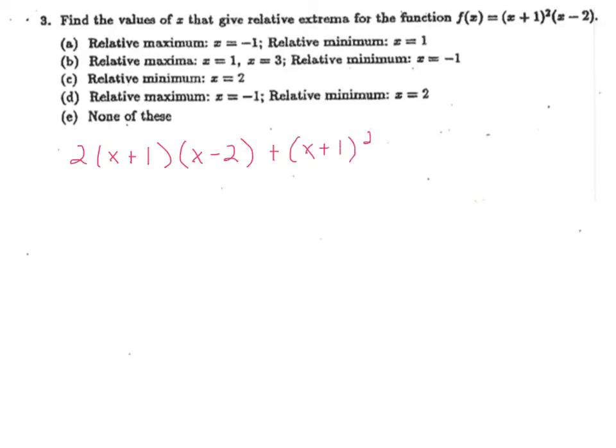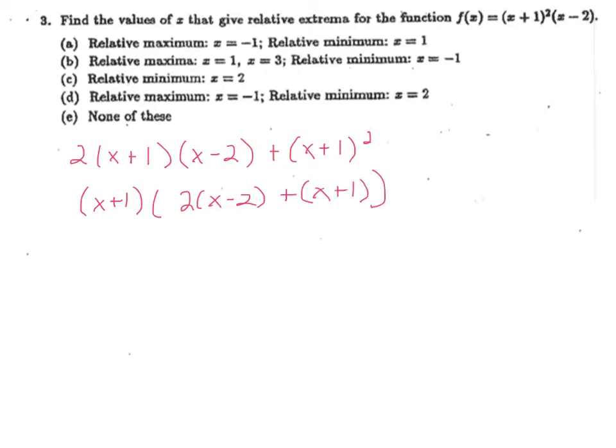So if we factor that to make it a little bit easier to see where this guy goes to 0, we can pull out an x plus 1, and we'll be left with 2 times x minus 2 plus x plus 1 to the first.